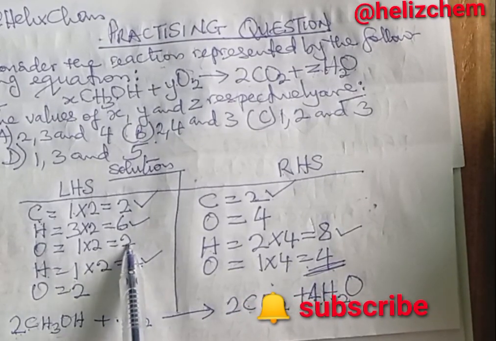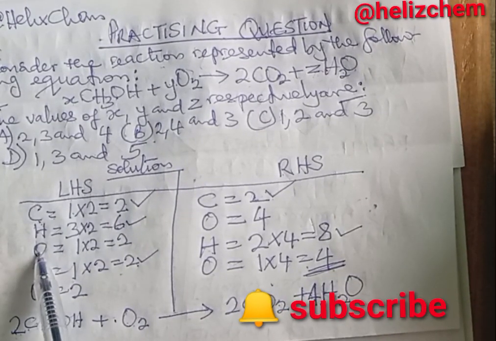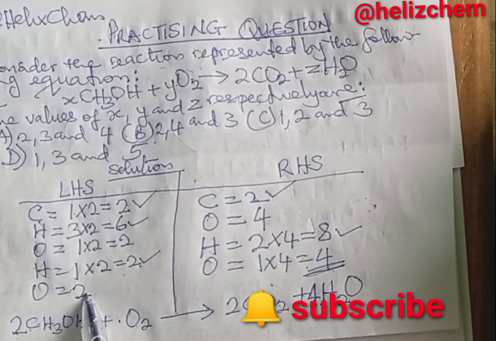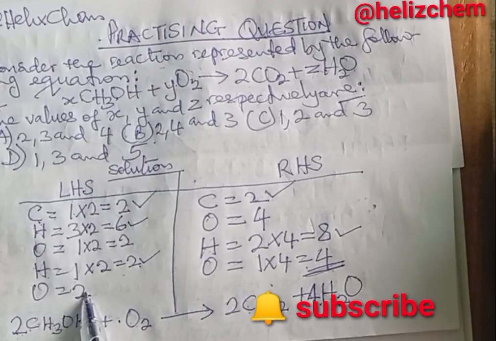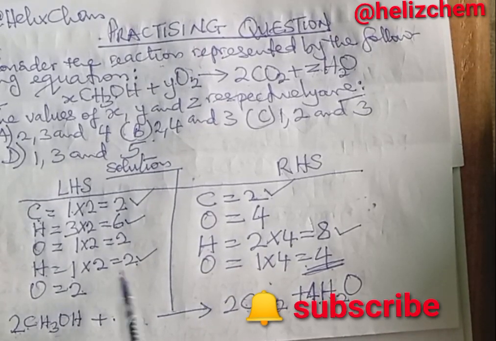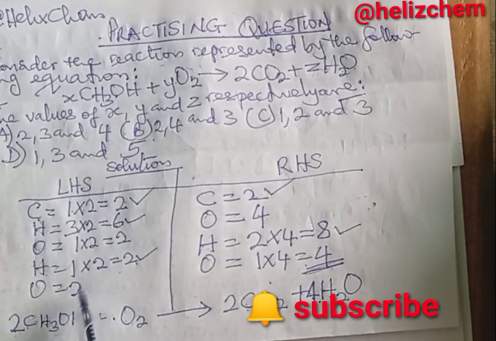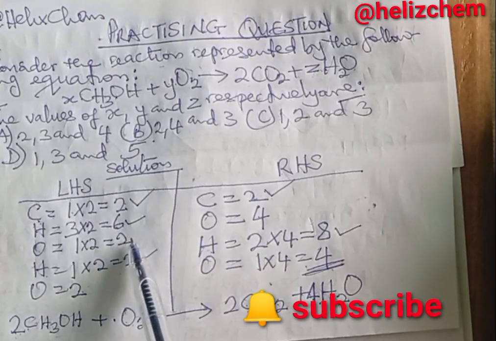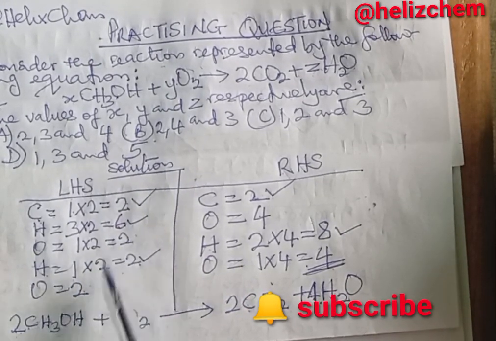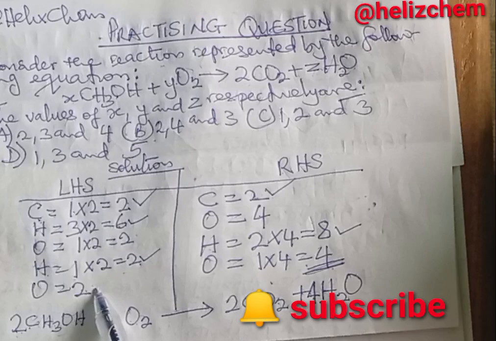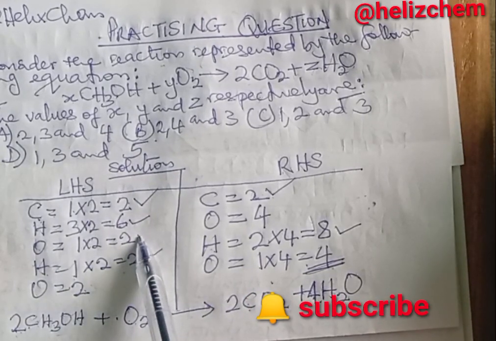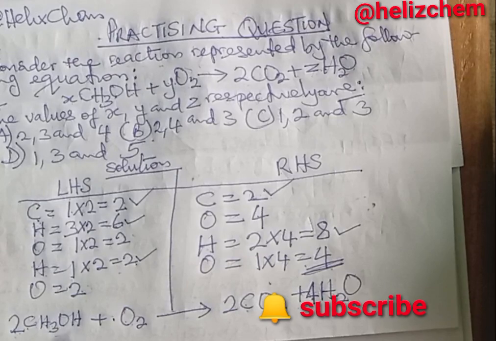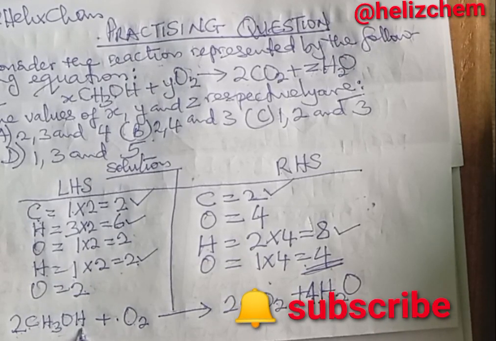But if you come to this side, oxygen here is 2 and this one too is 2, making 4, and we are looking for 8. So what do we do to make this one 8? I know you will suggest that we should multiply this one by 2 and this one by 2. Yes, you are right, but that is not the way, because we have already settled with this.